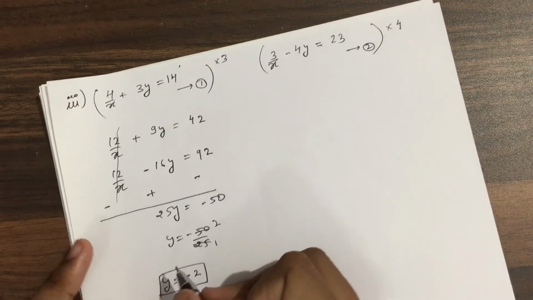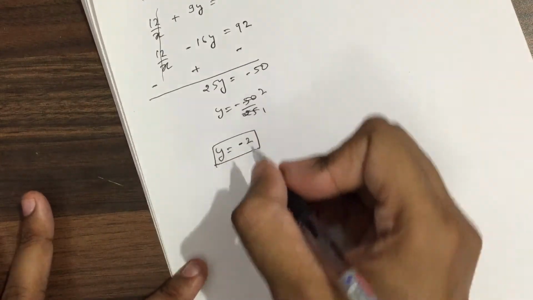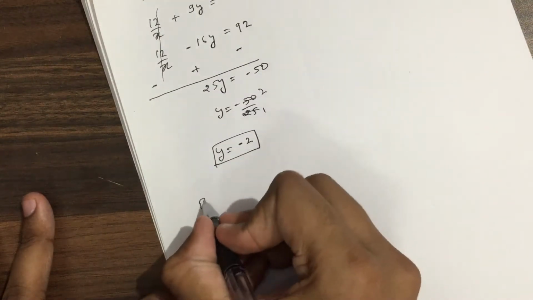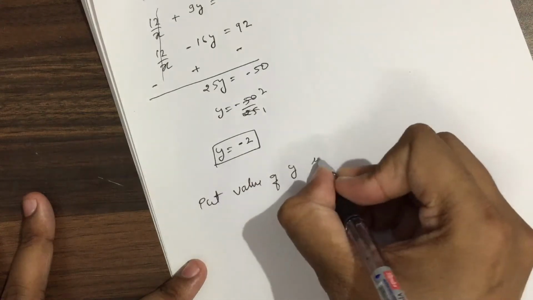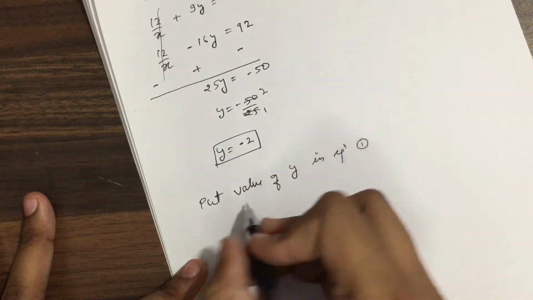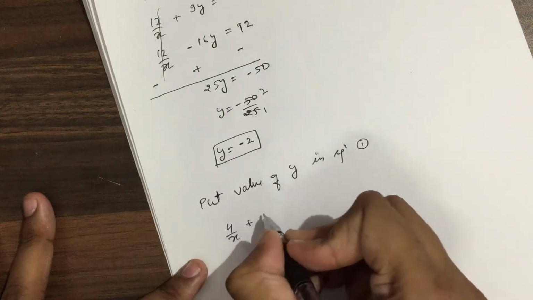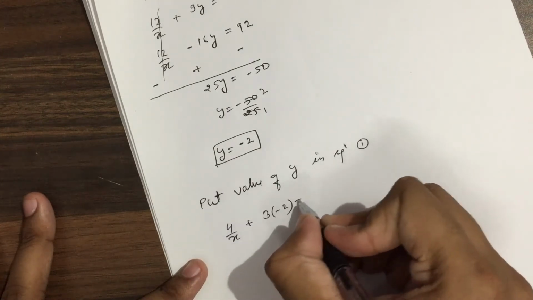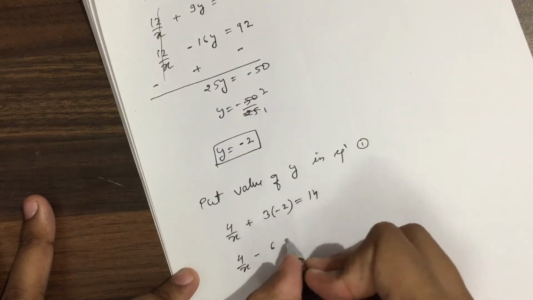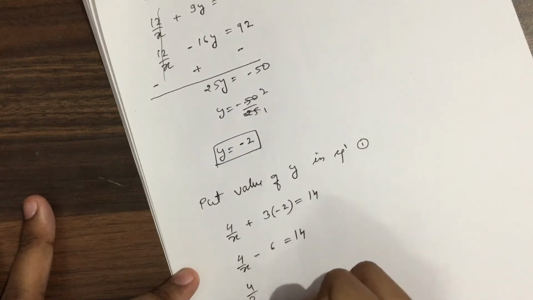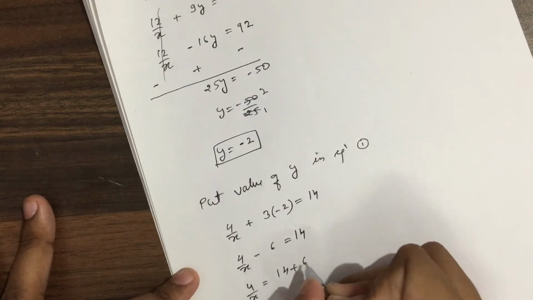Okay? Now what we will do? We will put value of y in equation 1. It is 4 upon x plus 3 into y, y means minus 2, equal to 14. This will give 4 upon x minus 6 equal to 14. 4 upon x is equal to 14 plus 6.